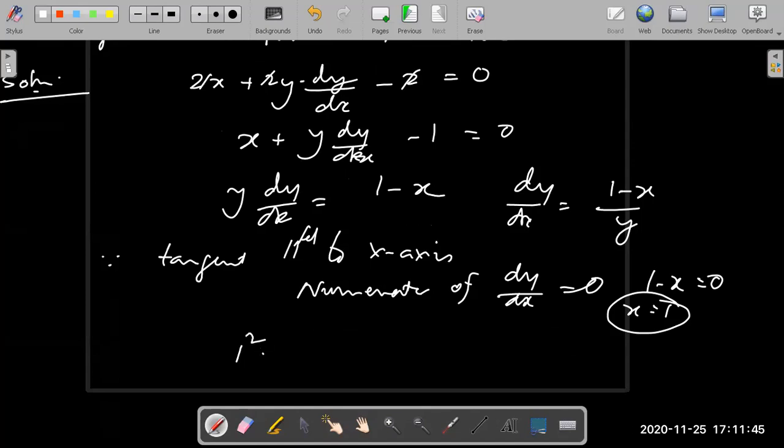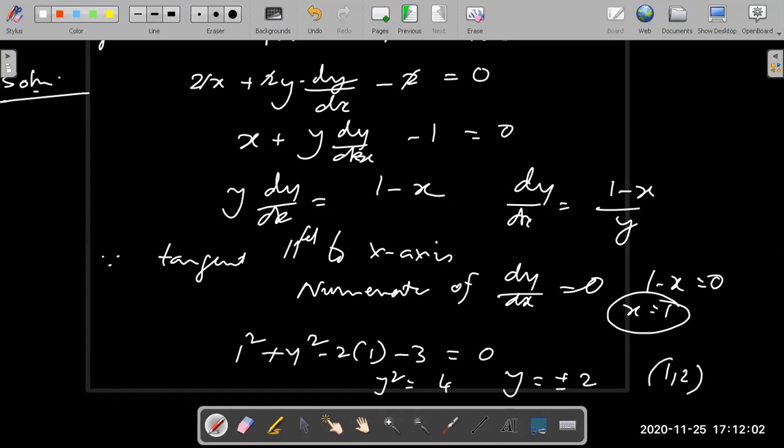Therefore, you get 1 squared plus y squared minus 2 into 1 minus 3 equal to 0. So that's minus 2 minus 3, minus 5, plus 1, minus 4. So y square equal to 4. Y is equal to plus or minus 2. So (1, 2) and (1, minus 2). These are the 2 points. This is what the answer is. So these are the 2 points at which the tangents are parallel to the x-axis.